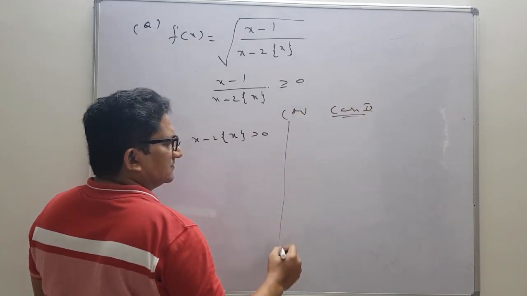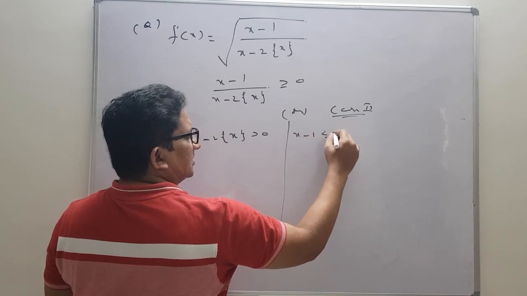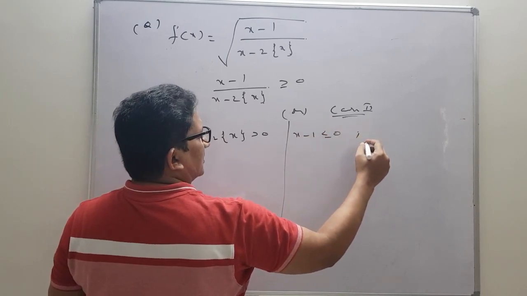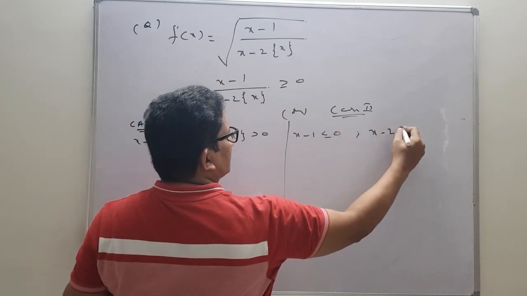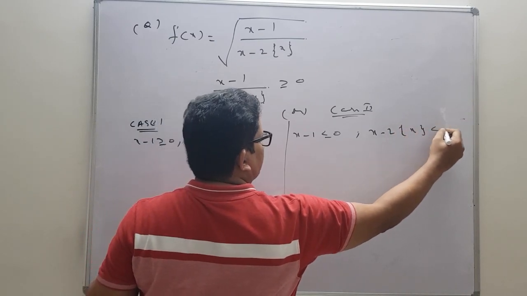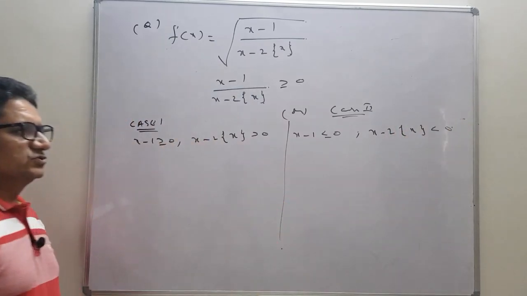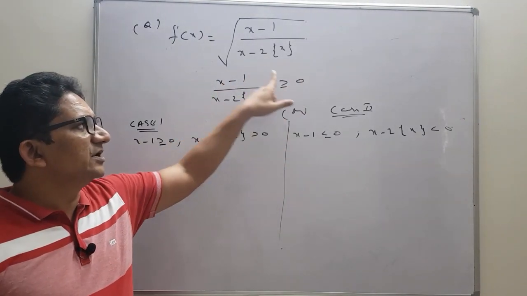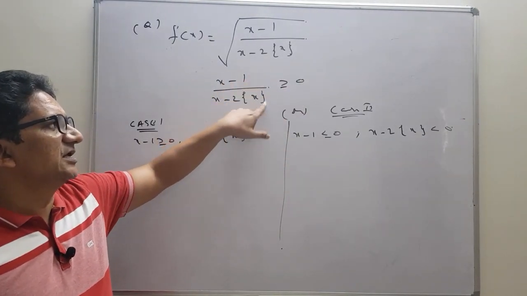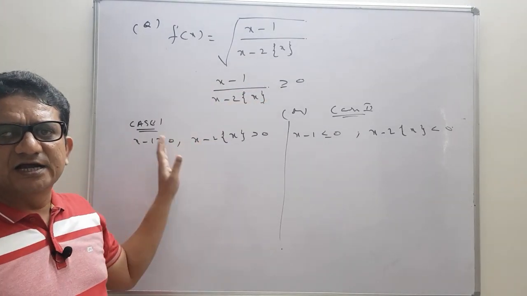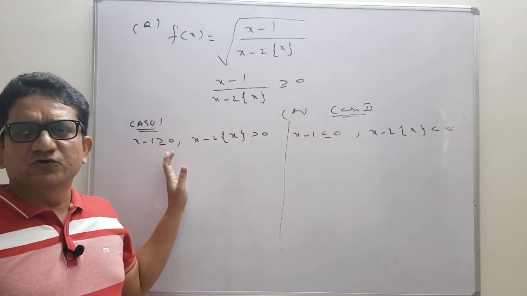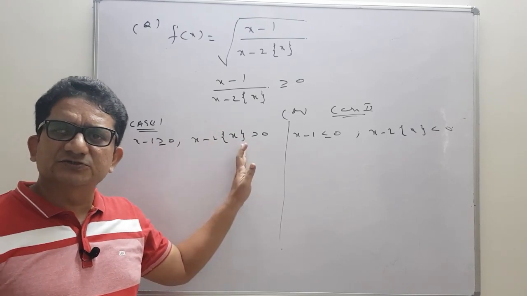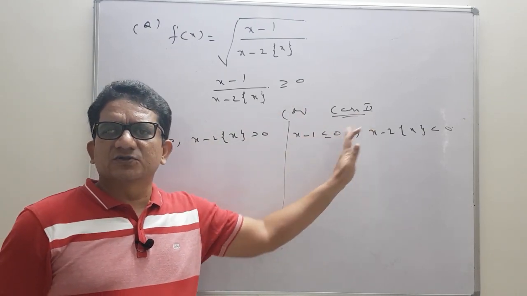Case 2 is x minus 1 is less than or equal to 0, and x minus 2 times the fractional part of x is less than 0. So two conditions. Because p by q is positive and we don't know the status of either, the two possibilities are either this one or that one. That is, numerator and denominator both are positive, or numerator and denominator both are negative.